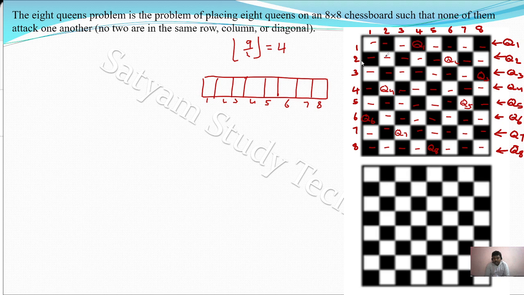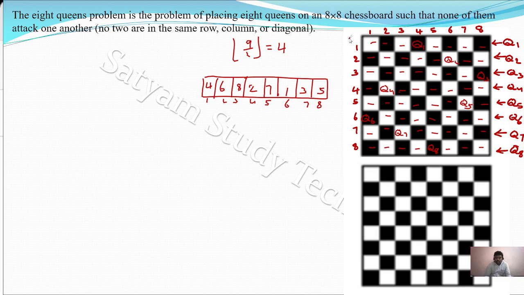So Q1 is placed in the 4th column, Q2 in the 6th column, Q3 in the 8th column, Q4 in the 2nd column, Q5 in the 7th column, Q6 in the 1st column, Q7 in the 3rd column, Q8 in the 5th column. So you can see 4, 6, 8, 2, 7, 1, 3, 5.